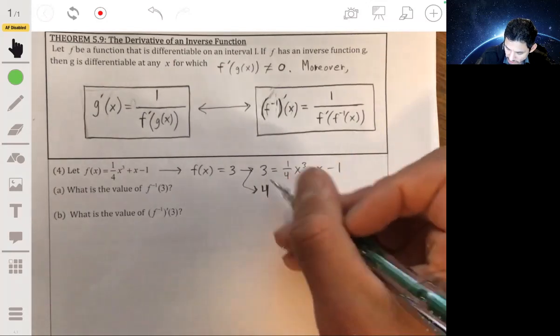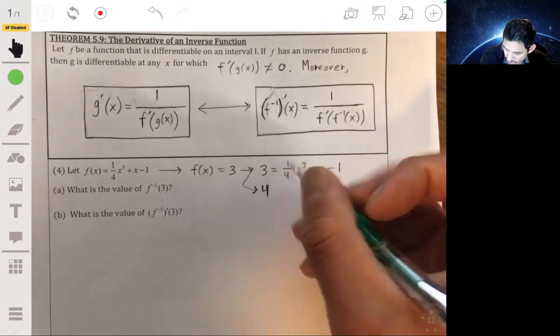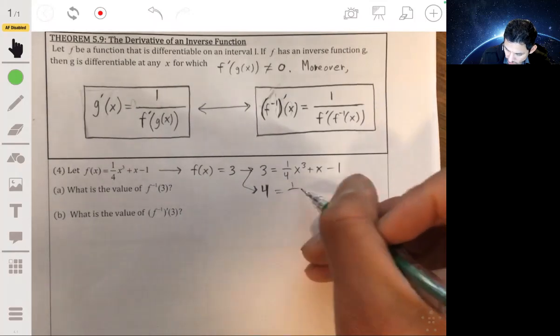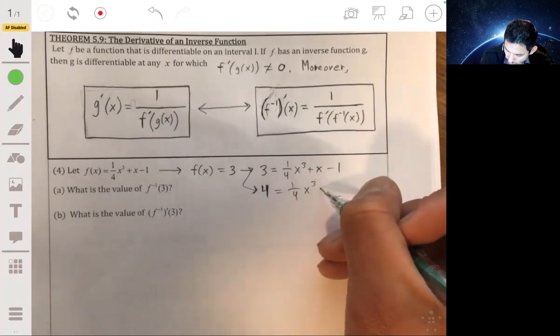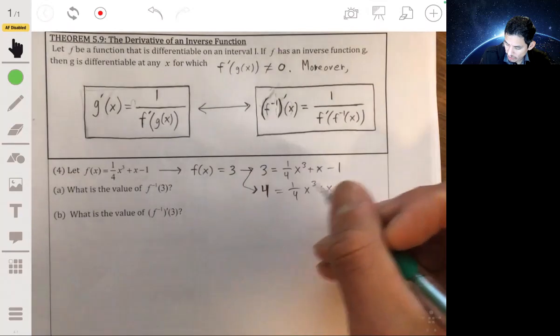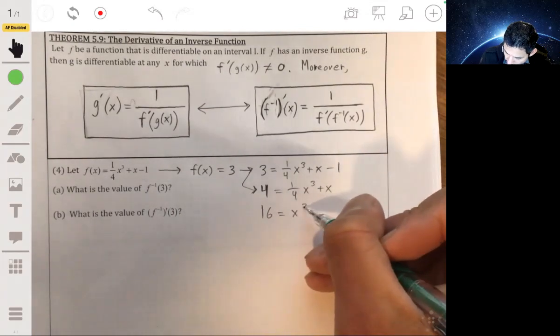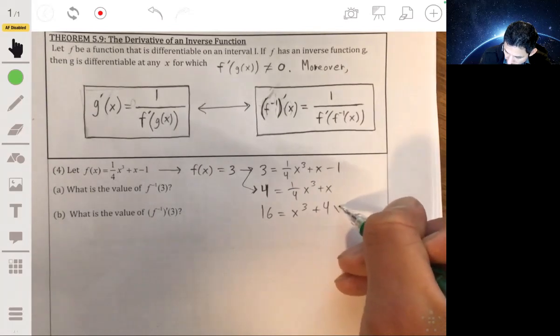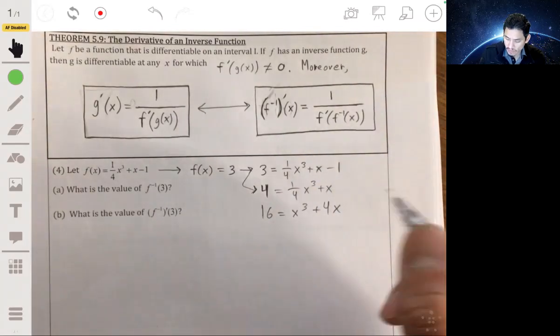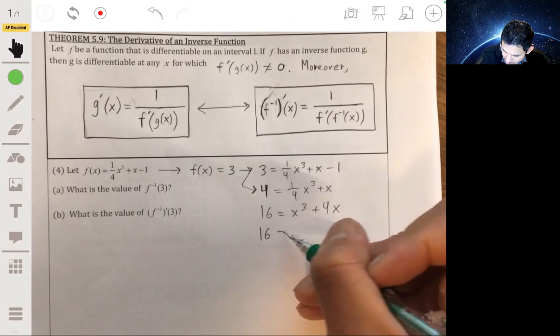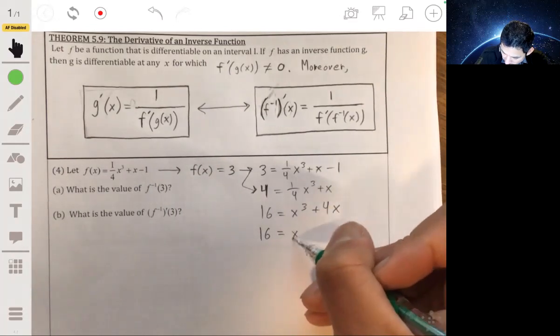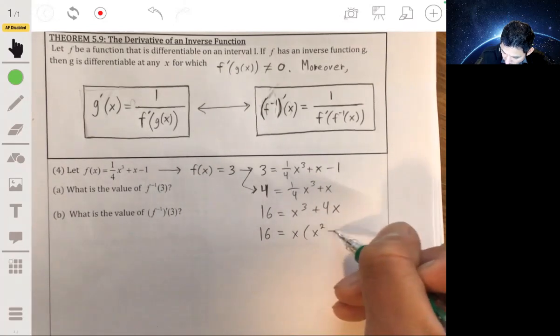So again, if we're solving, we can add 1 and get 4 equal to 1/4 x cubed plus x. Multiply everything by 4, and we get 16 is x cubed plus 4x. Furthermore, we can set 16 equal to x times x squared plus 4.